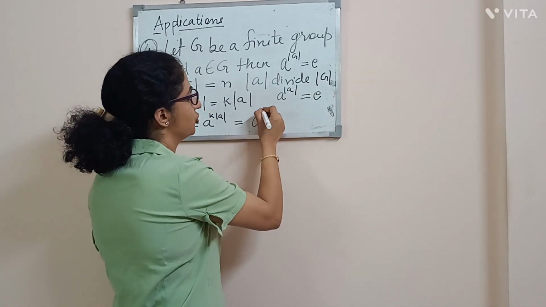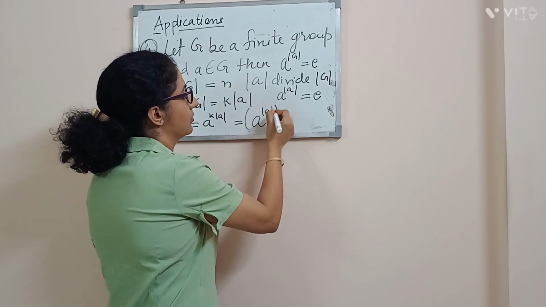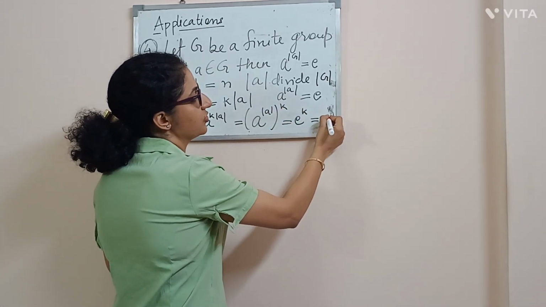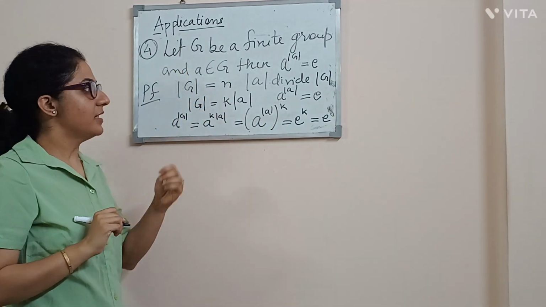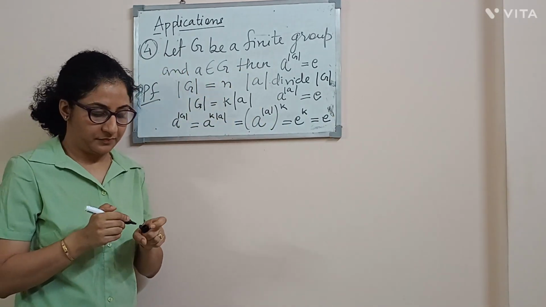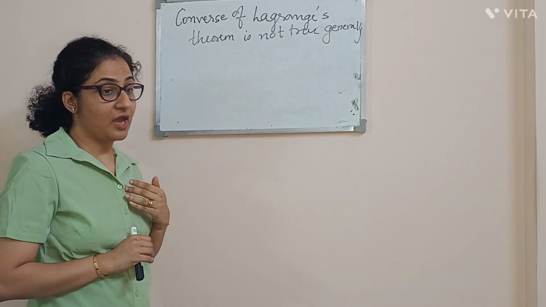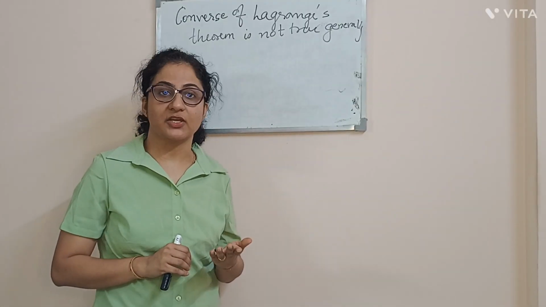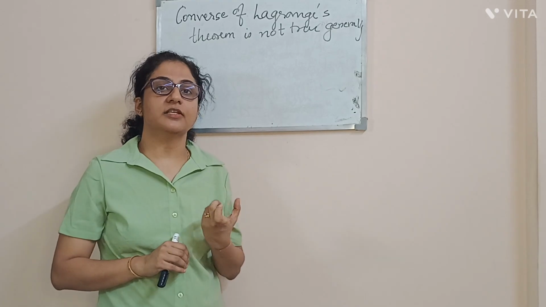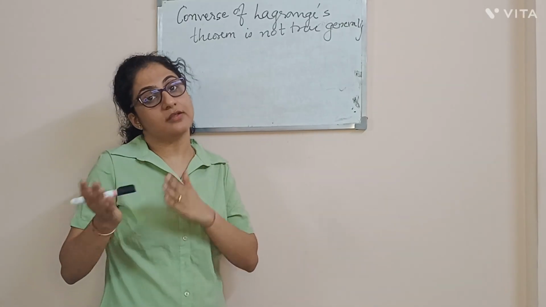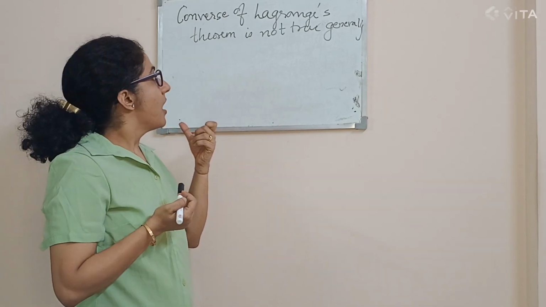So this is actually equal to identity raised to power k, which is identity. Hence we have the proof. So we have understood the theorem, we have understood some of its applications, and we have seen that it is very much applicable in group theory and in other fields also.